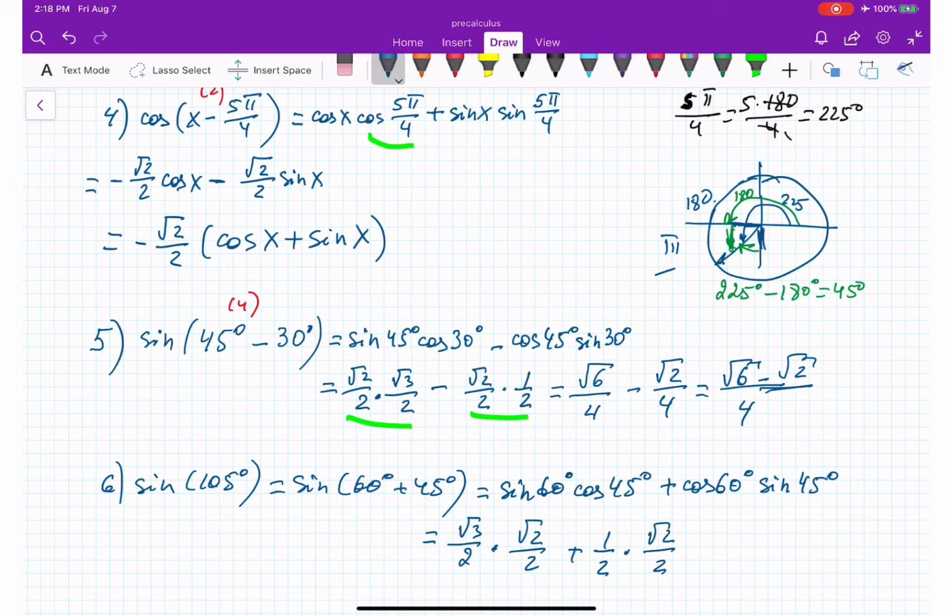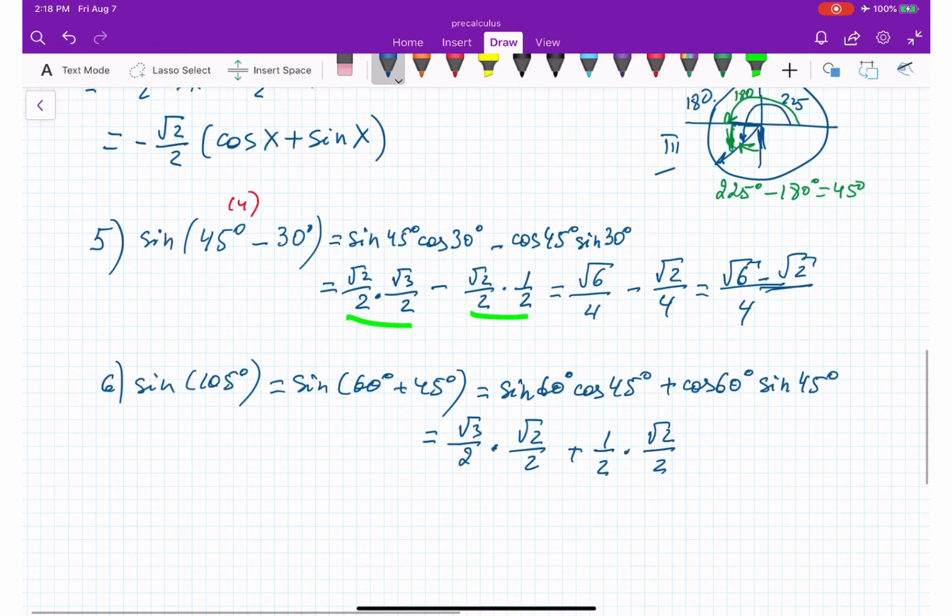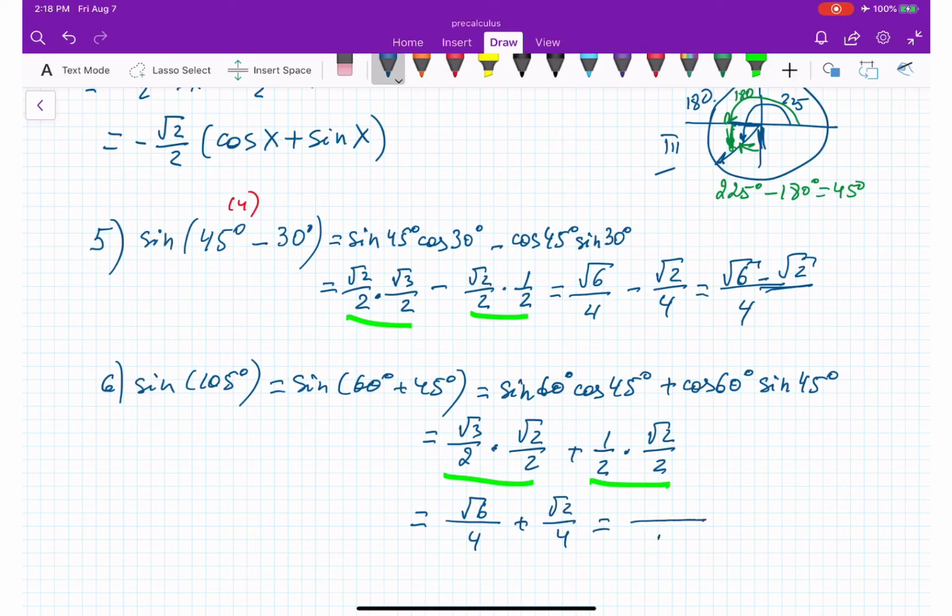All right, what do we get from here? So if we multiply the first multiplication and then the second multiplication, we are going to get square root 6 over 4 plus square root 2 over 4. And we are getting common denominator 4. The numerator will be square root 6 plus square root 2.